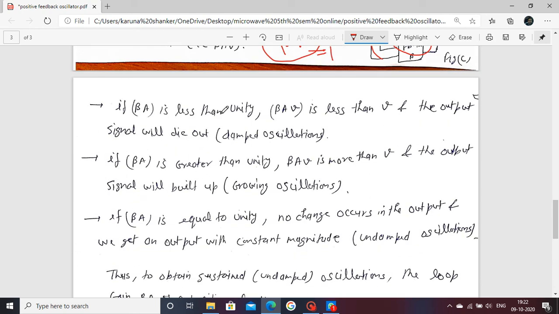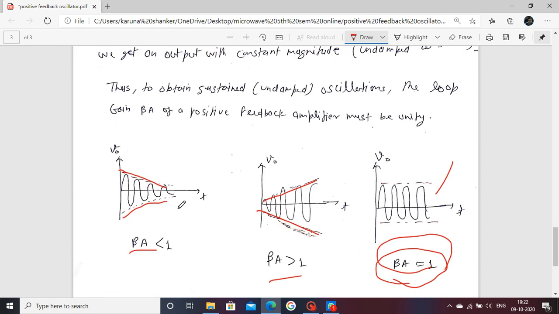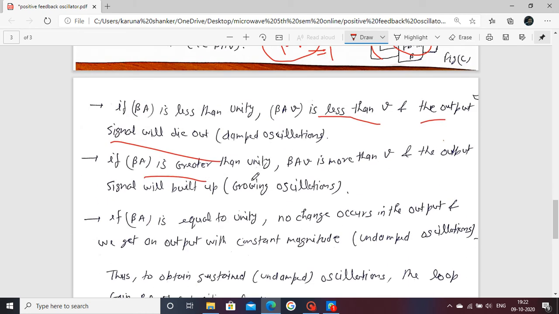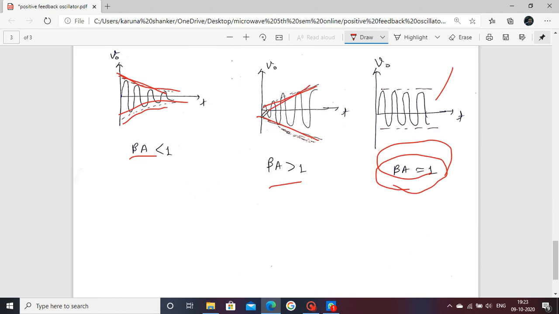This is explained here: if beta A is less than unity, then the output signal V will die out, meaning the amplitude decreases to 0. Similarly, if beta A is greater than unity, the product is greater than V, and the output signal will build up, meaning growing oscillation, represented as a growing exponential.